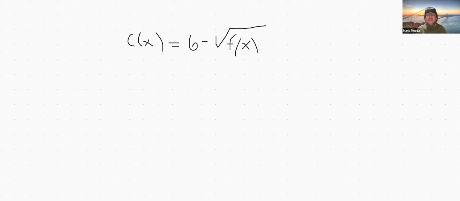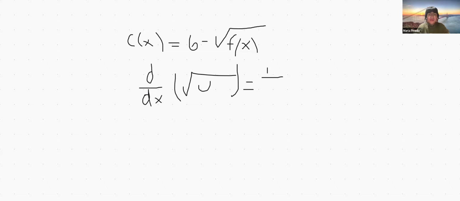The derivative of negative square root f of x needs the chain rule, and this is how you write the chain rule, where u equals f of x.